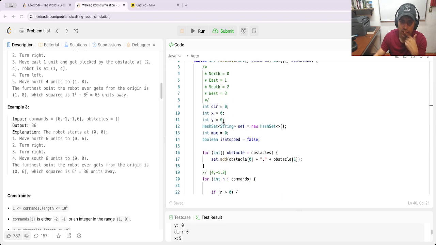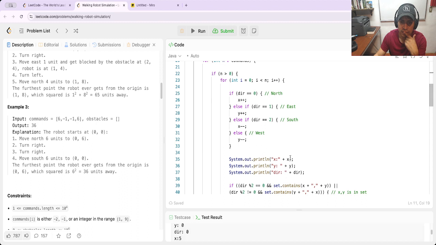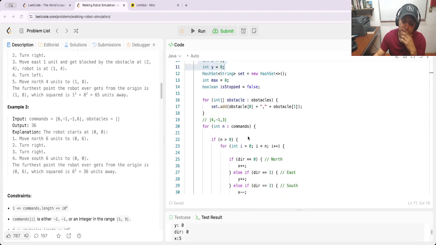Maybe it's for the way to handle this x and y. I'm not sure if it's better to use the arrays that I use in graphs. I'm not sure.